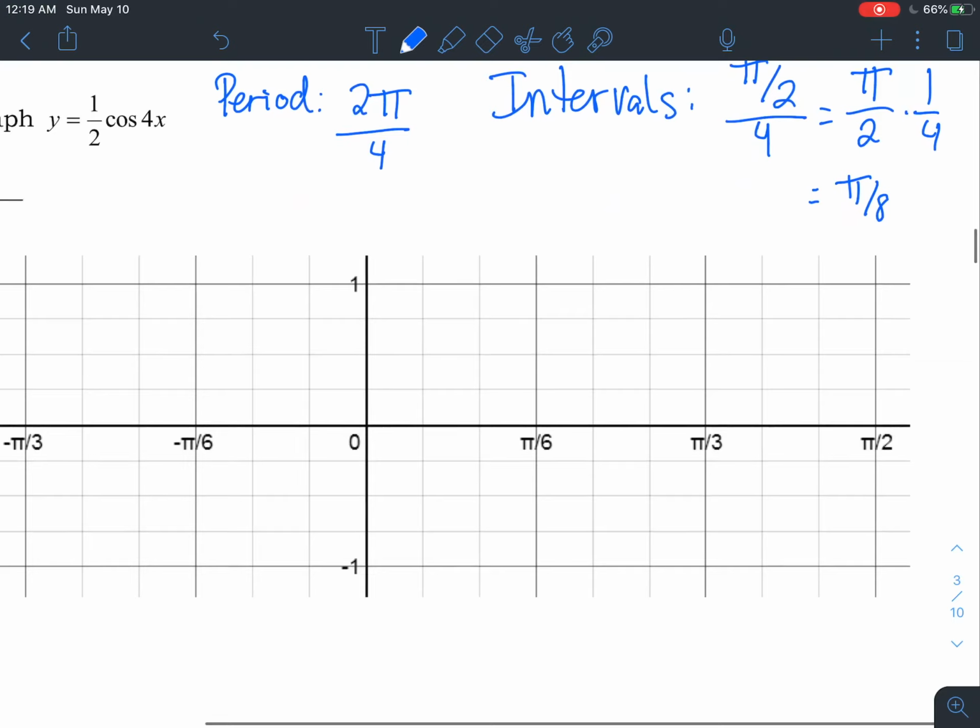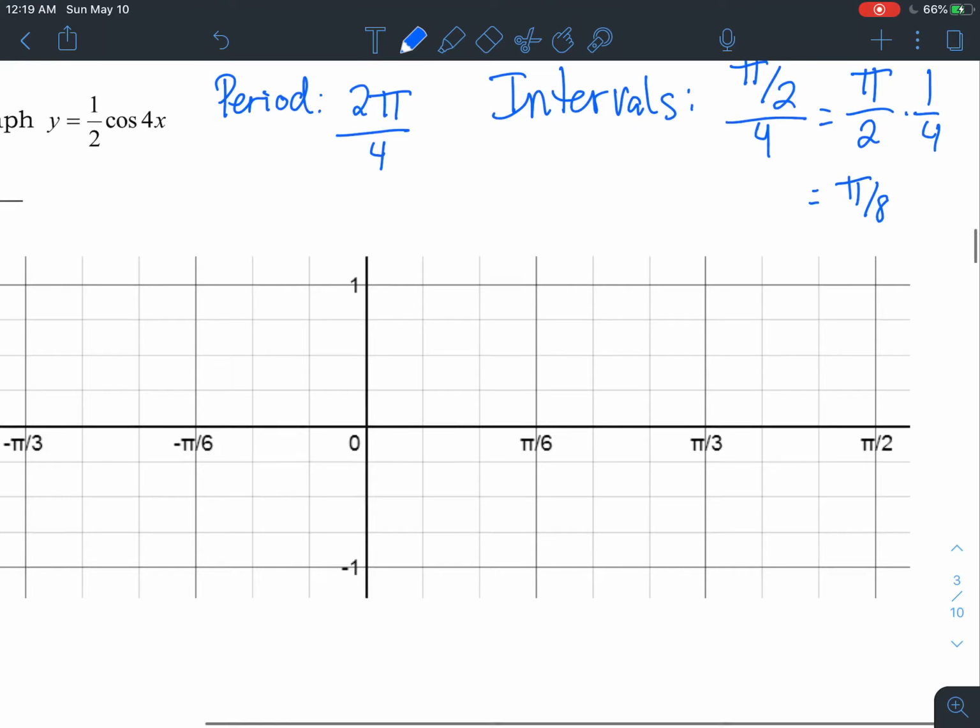So the way I would usually do this, I know that 0 is my start and pi over 2 is my end. So that means halfway between those two. And I even do dotted lines. I'm fine with that if you want to do that for yourself. Because it's easier that way to know where you're supposed to be putting the points. So I know that halfway is there, and then halfway between those two is going to be about right here.